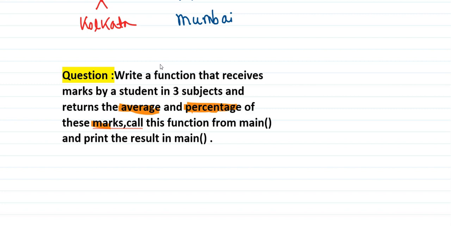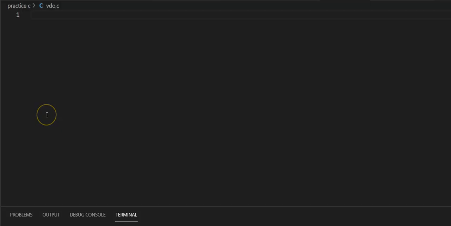We have to call this function from main and print the result in main, right? Notice that we have to receive the marks in that function, not in the main function. So let's check it. First we have to include the header file for the standard library. So let's do it.